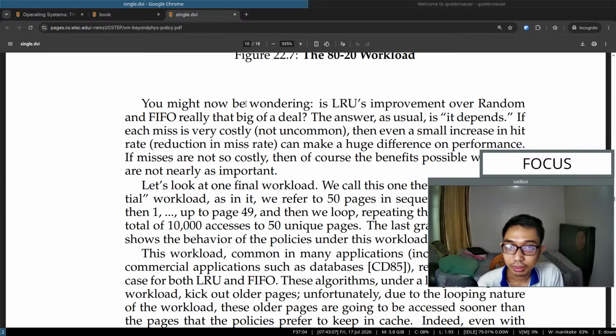You might now be wondering, is LRU, or the least recently used, an improvement over random and first in first out really that big of a deal? The answer, as usual, is it depends, right? It always depends.